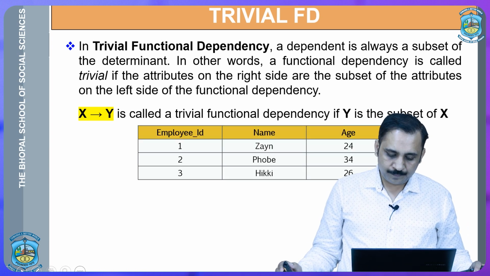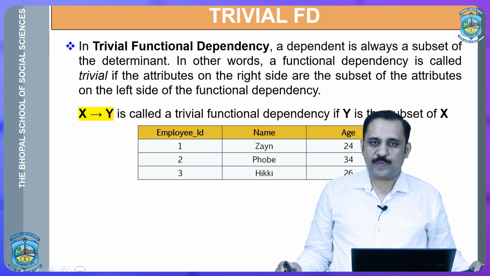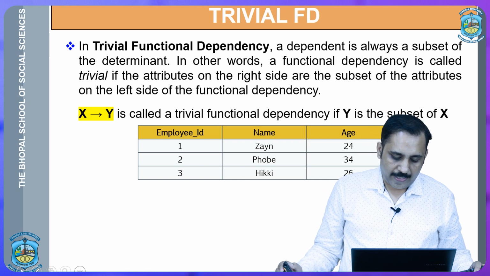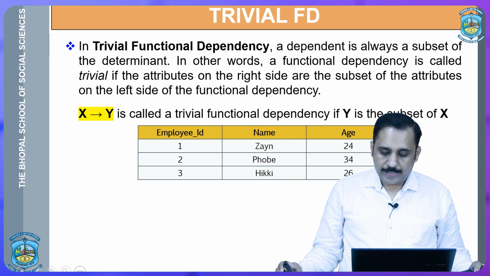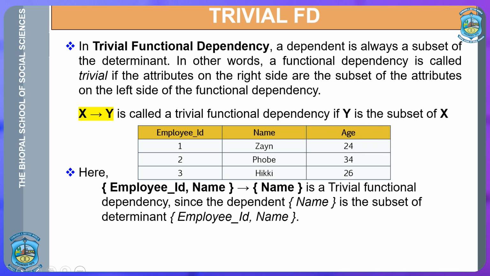Let us take an example. We have this employee table in which we have three columns: employee ID, employee name and age. Here, if we have a combination of keys, employee ID and name, which determines the value of name, this functional dependency is trivial because the value of name is a part of the greater set on the left hand side.